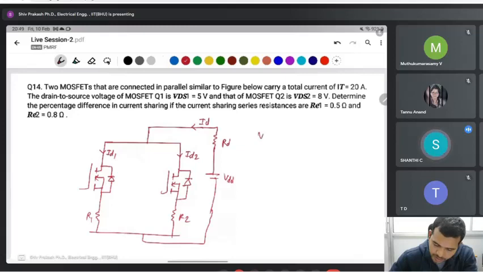As mentioned, VDS1 is 5 volt and VDS2 is 8 volt. The total current is given as 20 ampere.